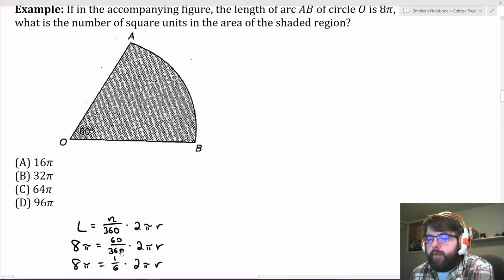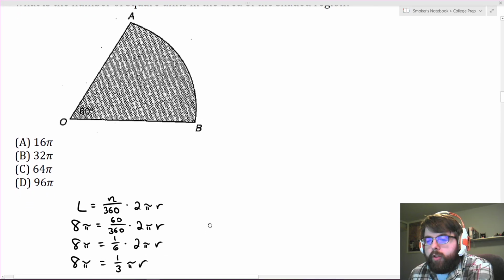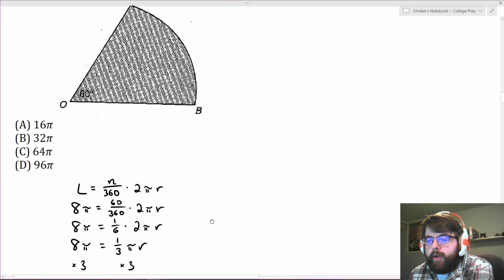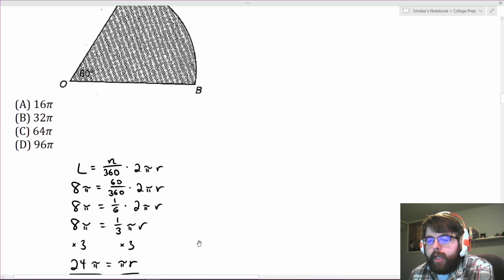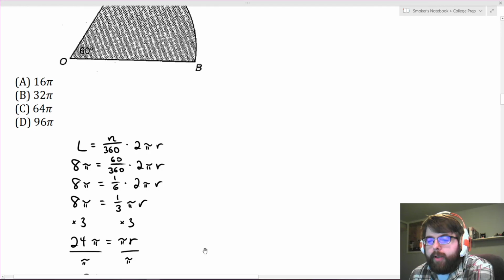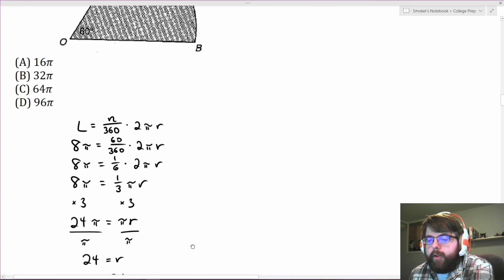So 60 over 360 goes to 1/6. 1/6 times 2 is 1/3. You can multiply both sides by 3, and then divide both sides by pi. And we discover that the radius of that sector is 24.